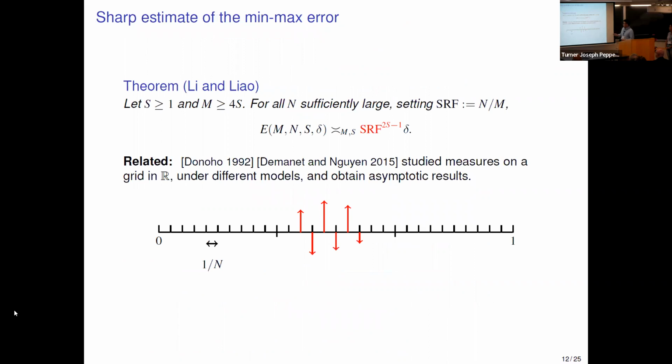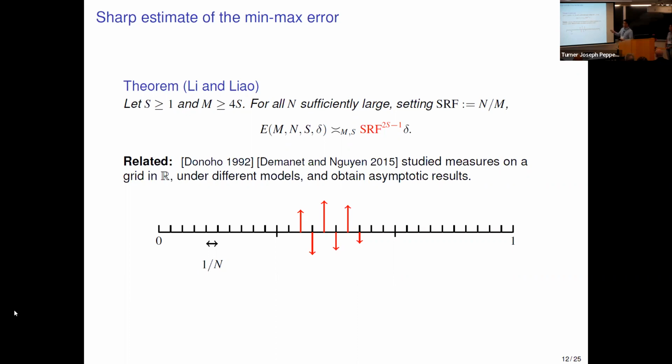So our first contribution with regards to this is a sharp estimate for the min-max error. Under certain conditions, we show that this quantity is on the order of this really important super resolution factor to the power 2s minus 1 times delta, where delta is the noise level. So this is a negative result, because if you imagine S being like 10, which isn't unreasonable in imaging, like 10 objects, and you try to do high resolution imaging, so the super resolution factor is large, then in order to get a reasonable result here, the noise level has to be extremely small.